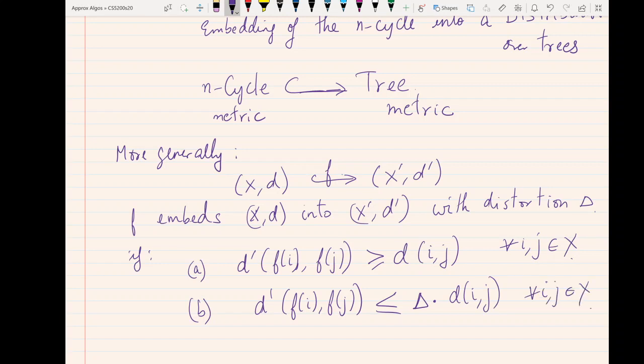So this is a deterministic embedding, and if you had a randomized embedding, then you would have an expected value over here.